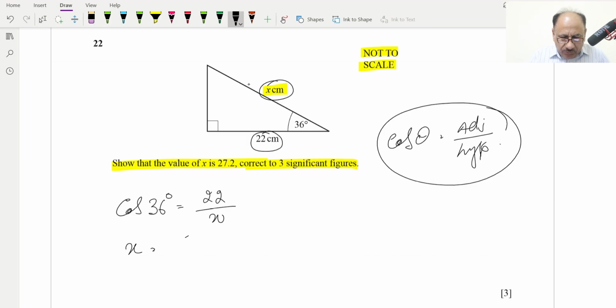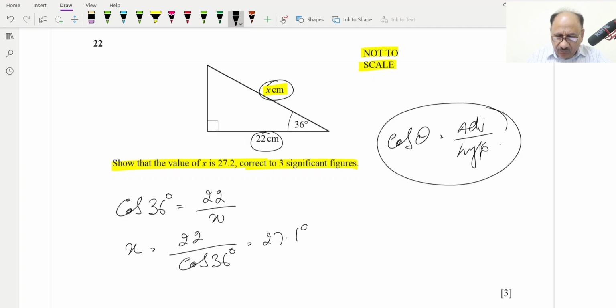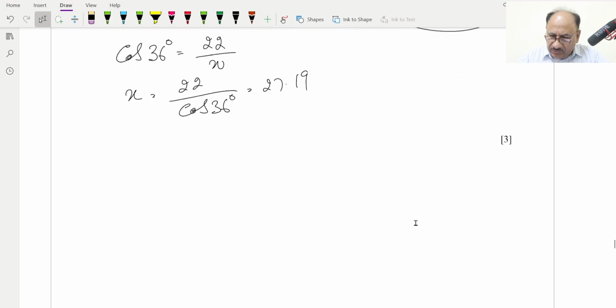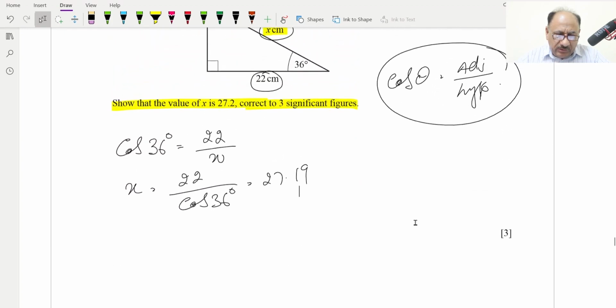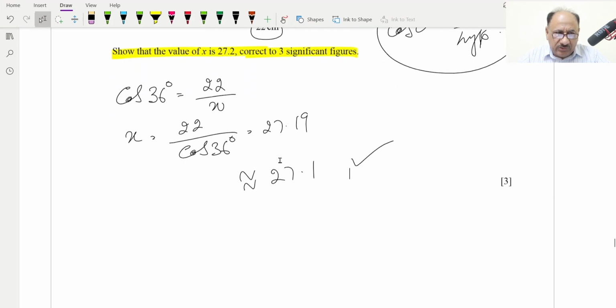So x will be equal to 22 over cos of 36 degrees, and this is the calculation which we have to make. 22 over cos of 36 degrees will be equal to 27.19, and they are asking for answer in 3 significant figures. So answer in 3 significant figures, we can write it as 27.1. This will be our final answer for this question.